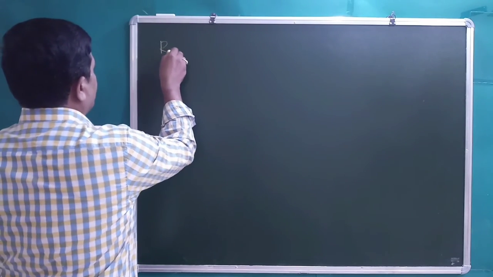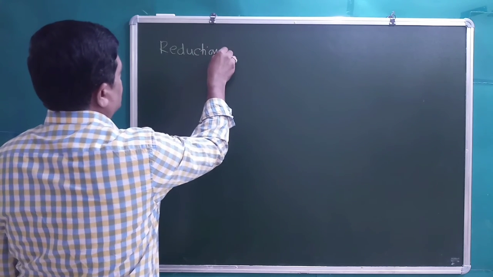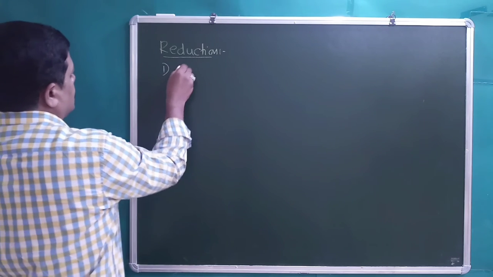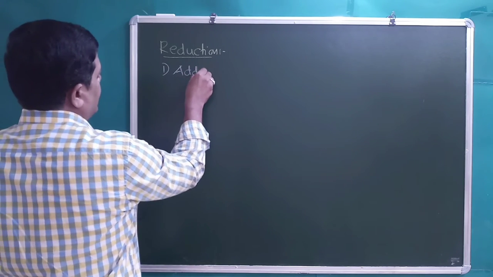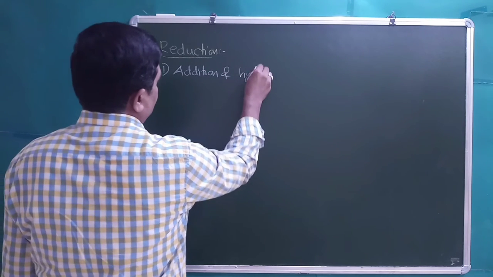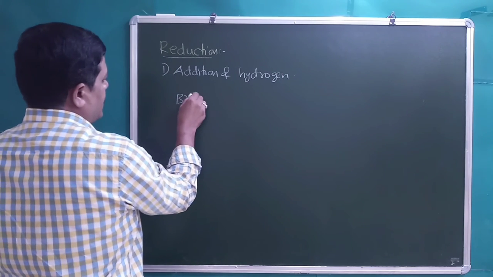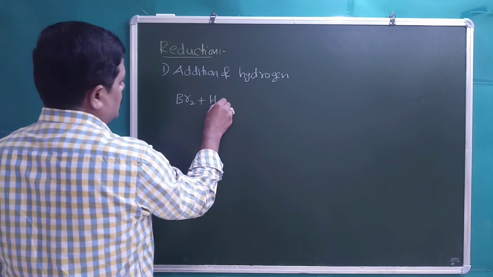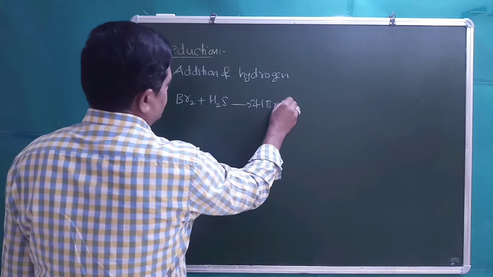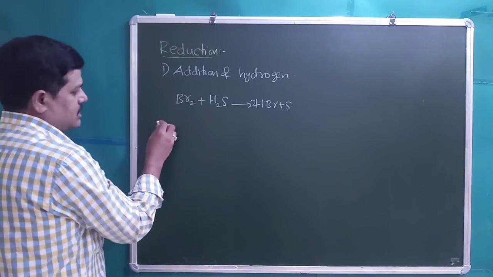Students, now let us discuss reduction. Dear students, reduction. Addition of hydrogen. For example, Br2 plus H2S gives rise to 2HBr plus S. Addition of hydrogen, we can call it a reduction.